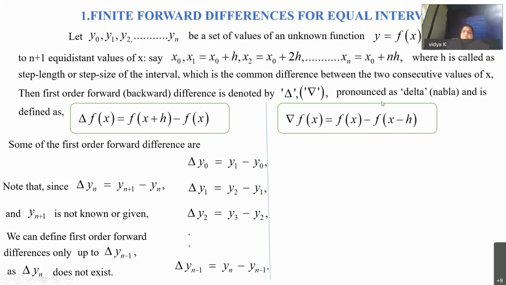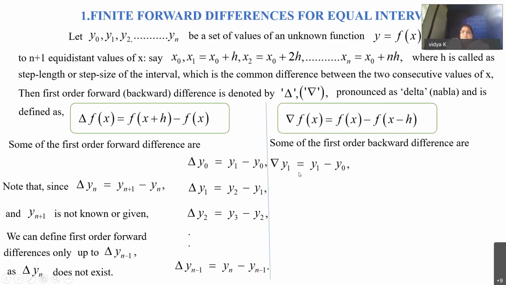The name itself suggests that the backward difference is the functional value of x minus the functional value at the backward point. So this is how we define the first order backward difference, and this operator we call nabla. So we see certain first order backward differences for the given set.